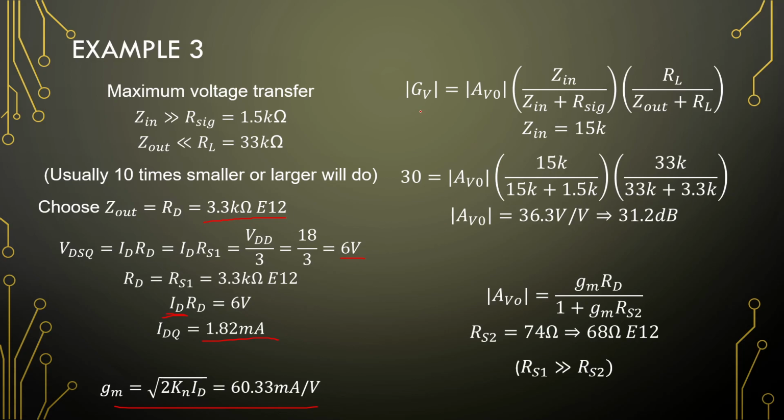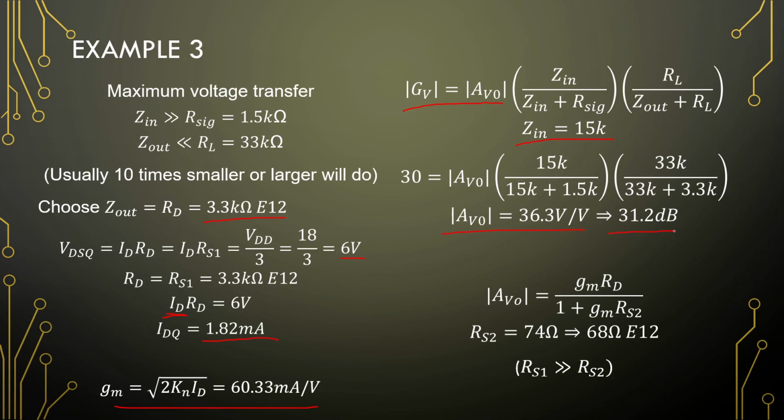In any case, moving on, our GV should be our AV0 times these two voltage dividers. If we choose our Zin to be 15 times larger and our output impedance to be 10 times smaller, we will find that our maximum gain we're designing for is 36.3 volts per volt.